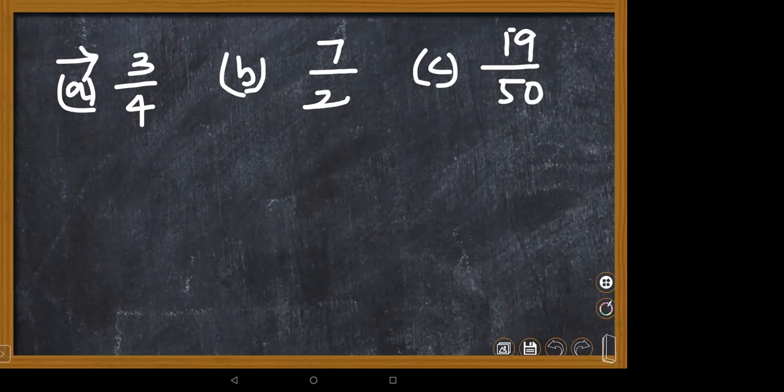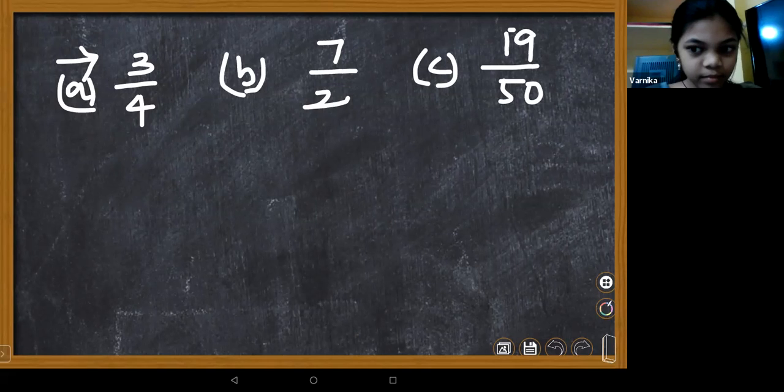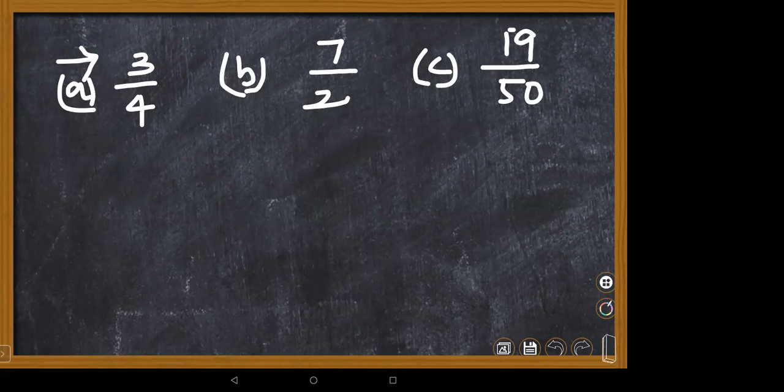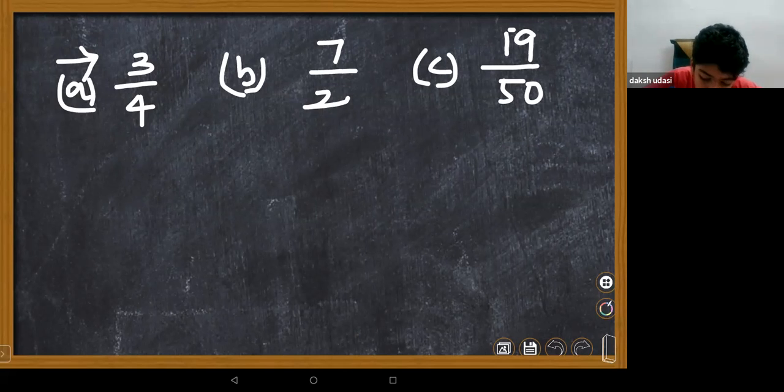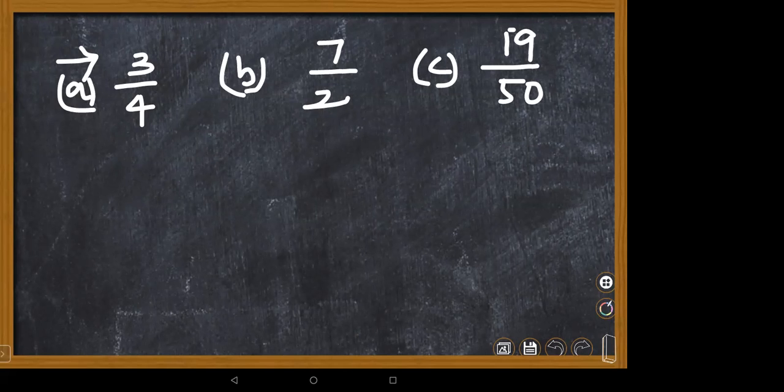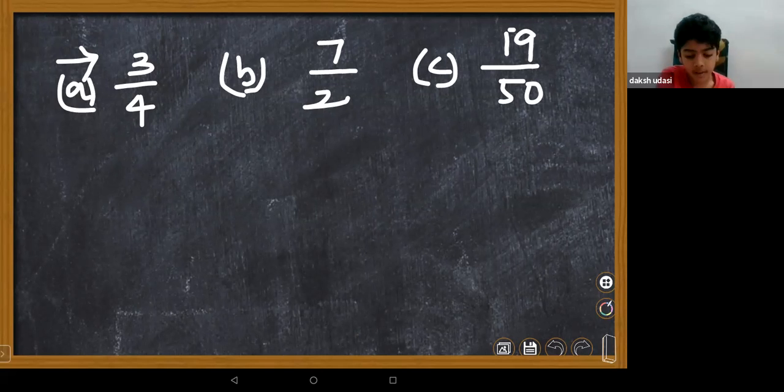Which property is it? 25 into 4 equal to 4 into 25. Very good. Commutative property. Order change property, we can call it the commutative property.